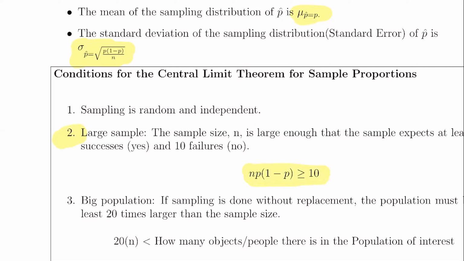The formula: you take n, multiply by p, multiply that by 1 minus p, and that has to be greater than or equal to 10. That's how we figure out if we can apply the central limit theorem. If n times p times 1 minus p is greater than or equal to 10. Any question in regard to the formula?